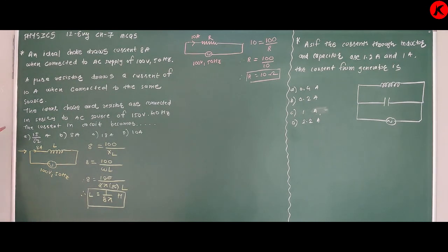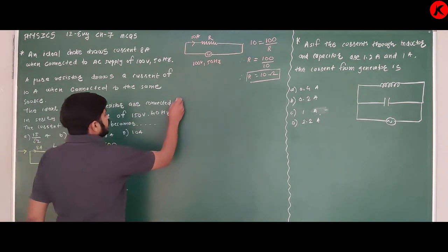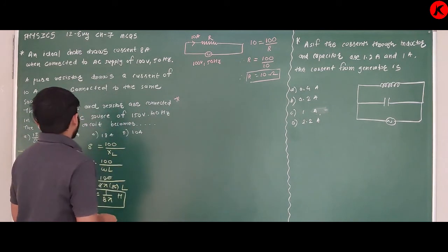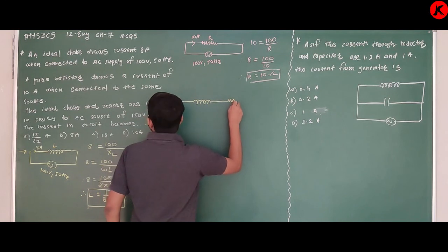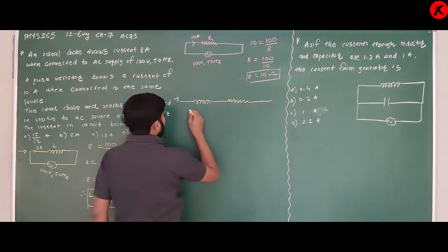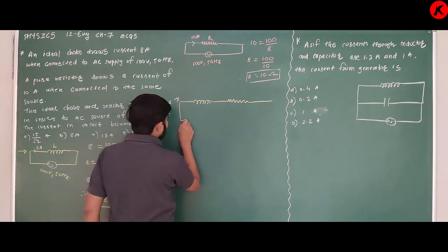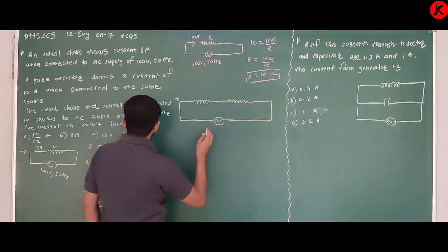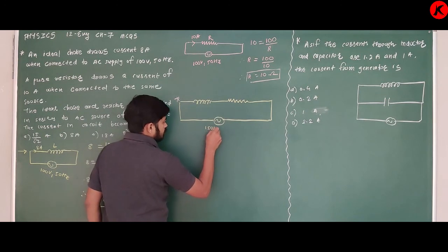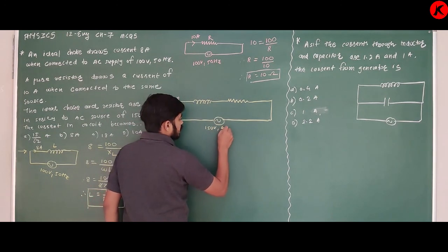The ideal choke and resistor are connected in series to an AC source of 150 volt, 40 hertz. The current in the circuit becomes? See, now in the third case, what is given? The ideal choke, meaning inductor, and resistor are connected in series with an AC source of 150 volt and 40 hertz.